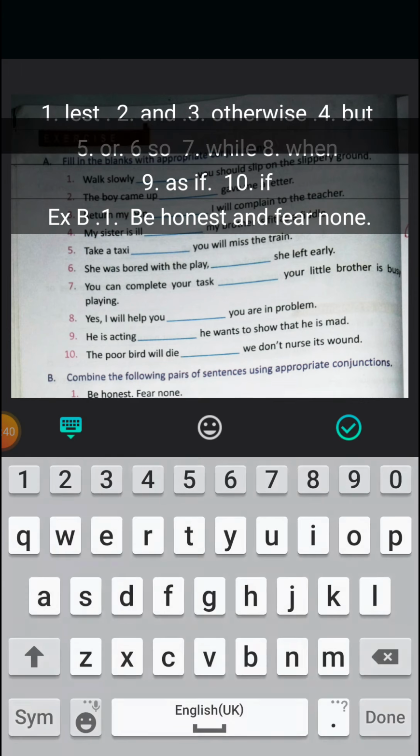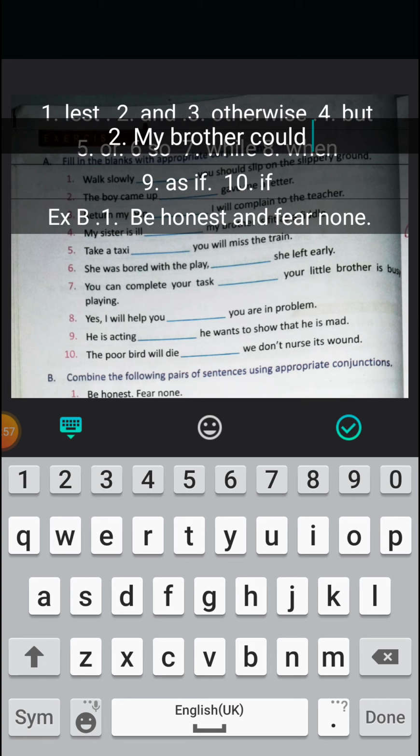My brother was ill. We can say that my brother could not attend his classes because he was ill.